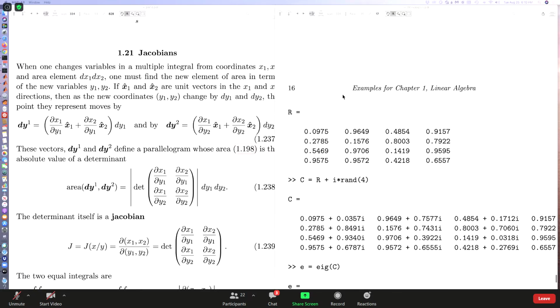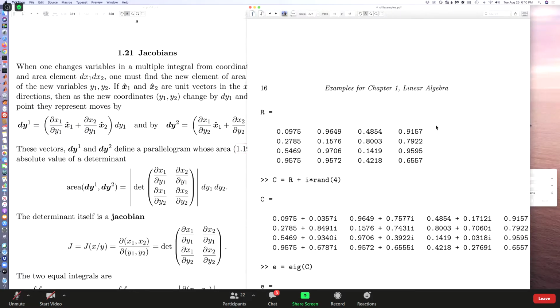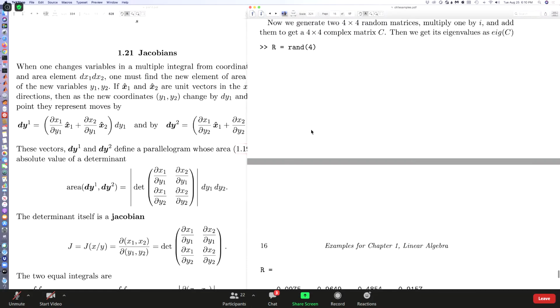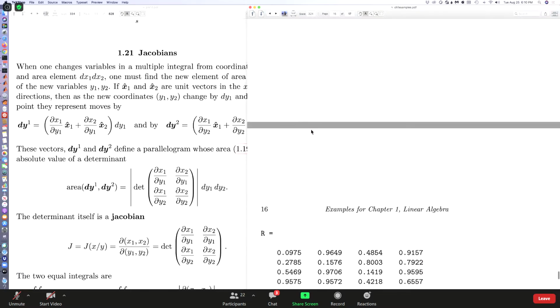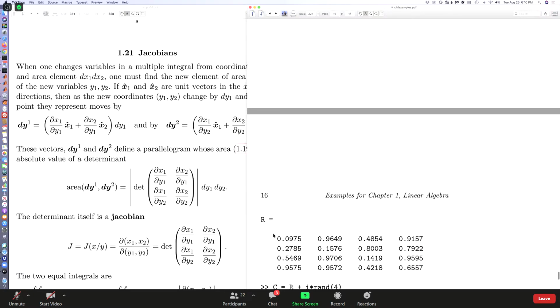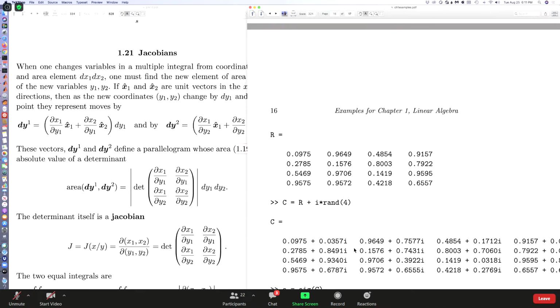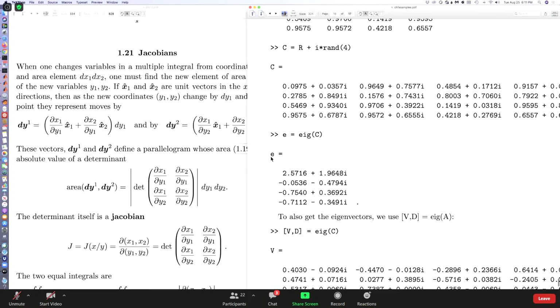There we have R. C is equal to R plus i times rand of 4. So this is then a complex 4x4 matrix, E equals eig of C, and we get 4 complex eigenvalues.